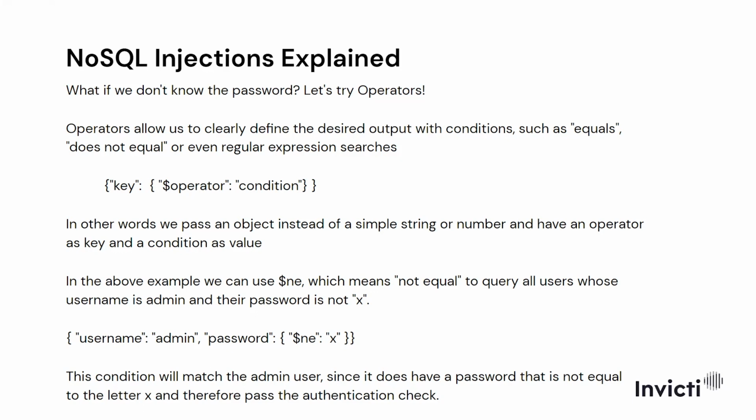So in this case, we can just pass $NE as a key and X as a value, which will query every user who has the username admin and a password that is not the literal string X. So now this condition will match because X is not the password of the admin user. And therefore, with this new operator, we were basically bypassing the authentication check without knowing the exact password that the admin user has.